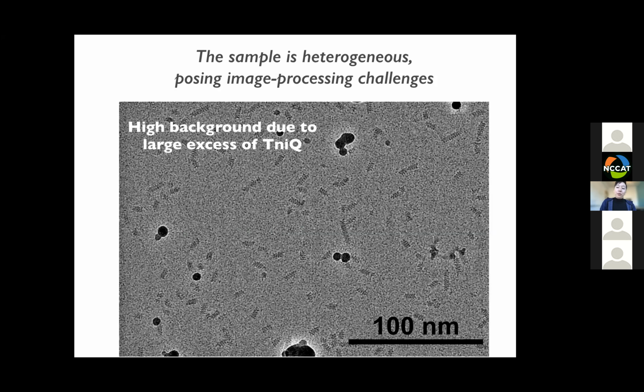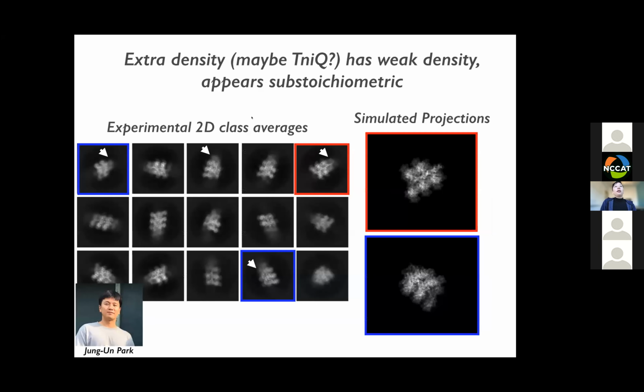And when Jung-An processed this data, what he saw in the 2D classes is his TnsC filament. So here's the TnsC very clearly. And what I have here are simulated projections that you can use to compare with the experimental class averages that we have here.